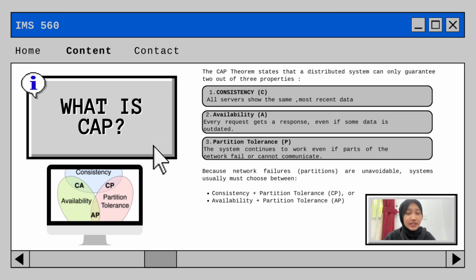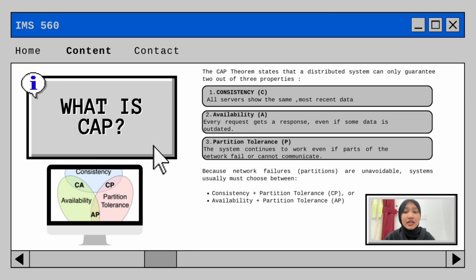Now, let's look at what the CAP theorem really means. The theorem states that a distributed system can only provide 2 out of 3 guarantees. First, consistency, which means all servers show the same and the most recent data. Second, availability, meaning the system will always respond to a request even if the data may not be updated.